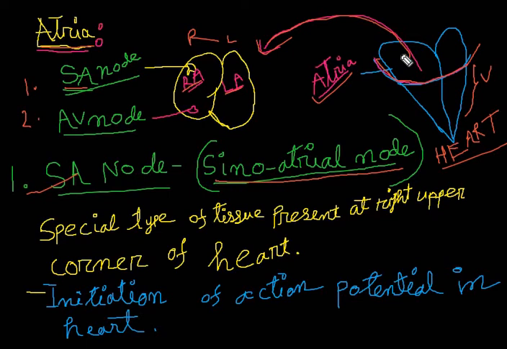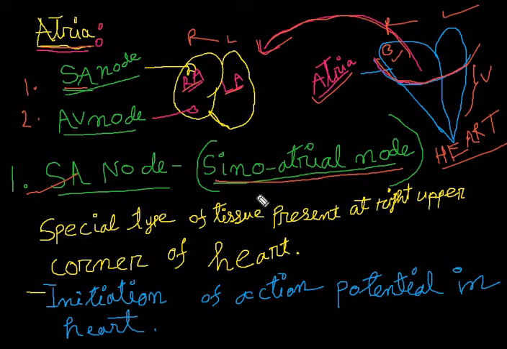Suppose this is heart, this is right side and this is left side. The right upper corner of heart is called SA node. SA node is present at the right atria of heart.